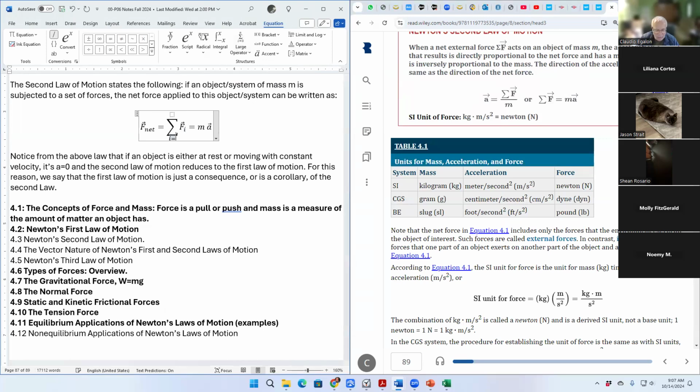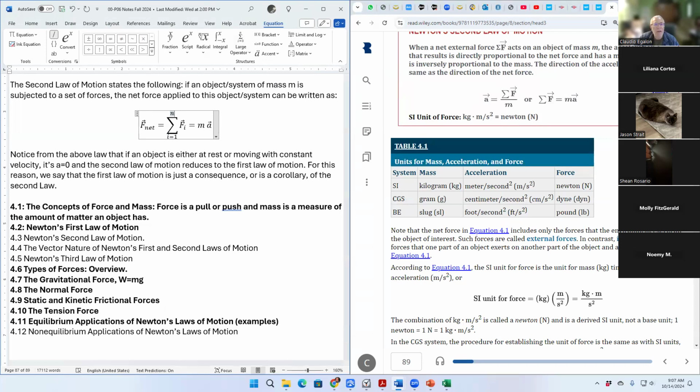We had something similar for Newton's first law of motion. Suppose that we have any forces applied to the object. So you have the summation through every force that is being applied to the object.